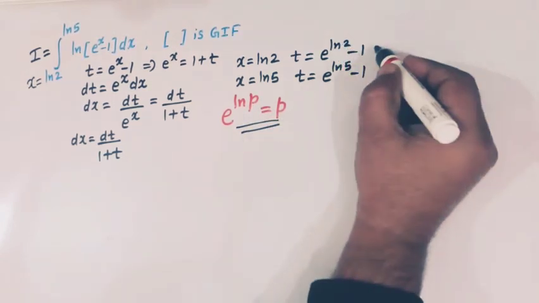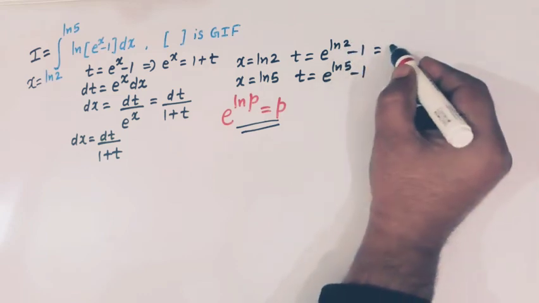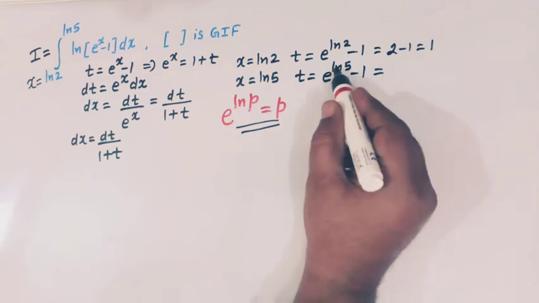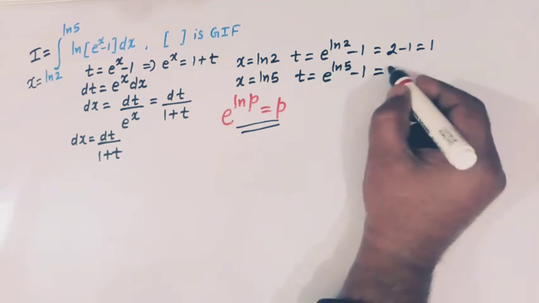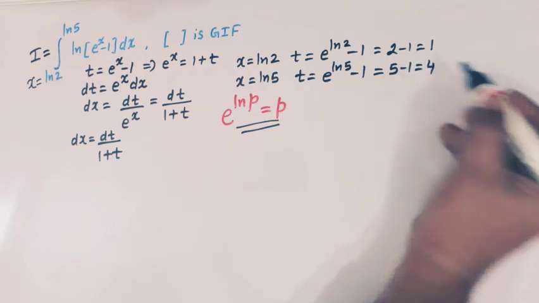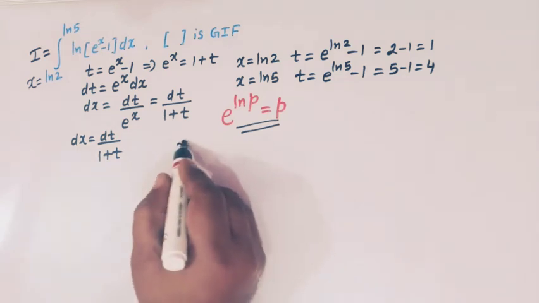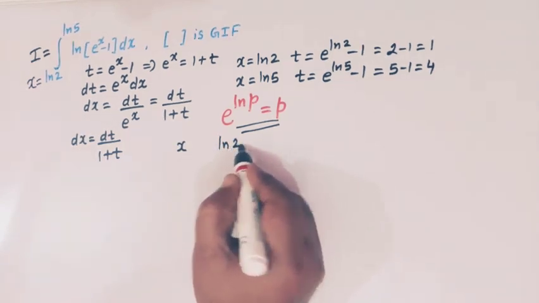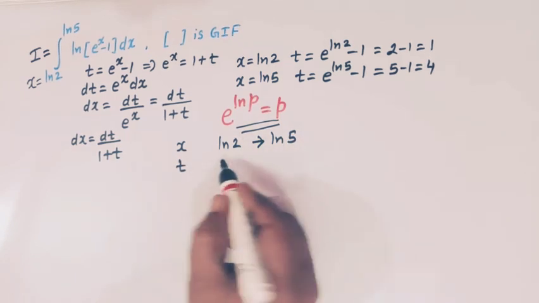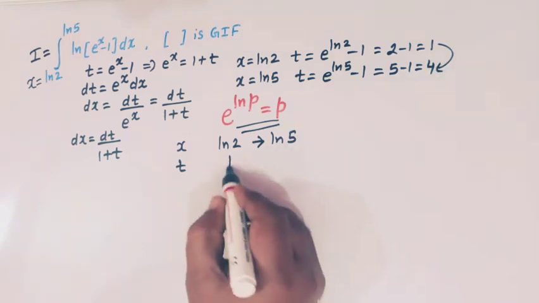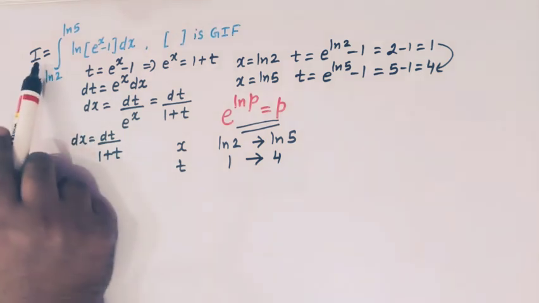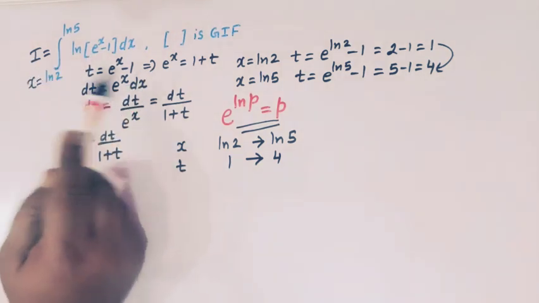So here e raised to log of 2 is 2, minus 1, that is 1, and e raised to log of 5 is 5, and minus 1, that is equal to 4. So when x changes from log of 2 to log of 5, then t changes from 1 to 4.